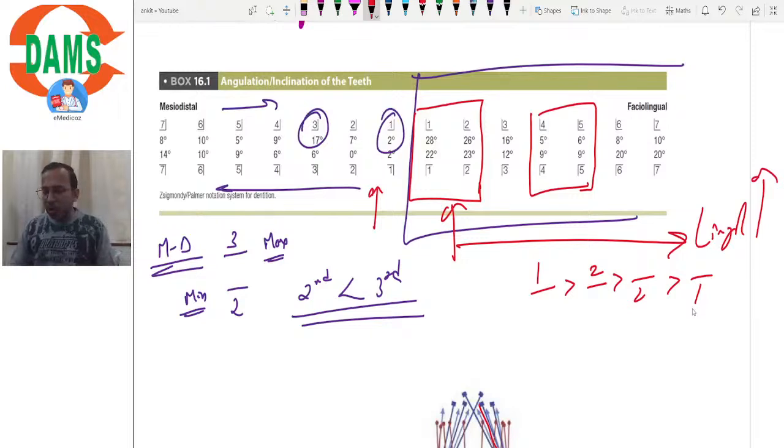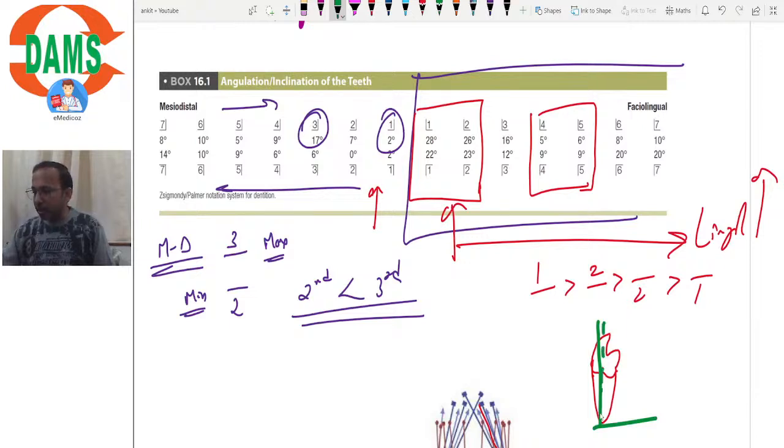But मैंने कल एक बात और कही थी, though the lower premolar has an angulation of about 9 degrees, right? तो वर्टिकल से अगर हम बात करें, ये वर्टिकल है, तो it has an angulation of 9 degrees, but then its crown is inclined on its root.